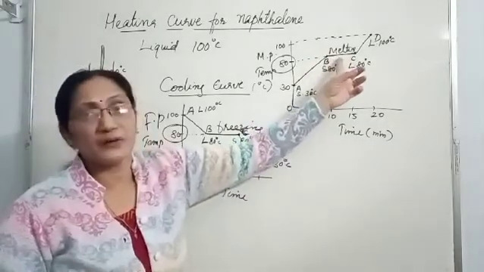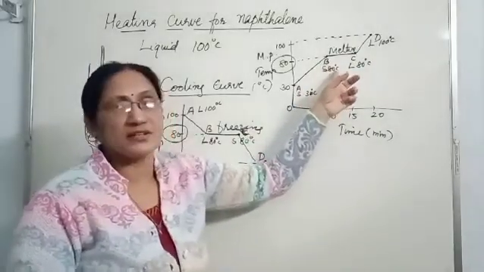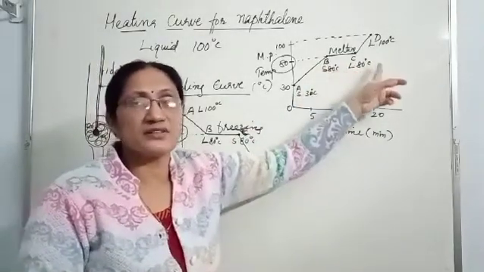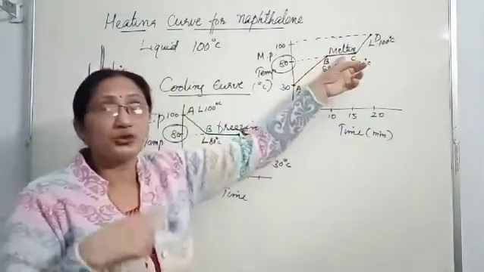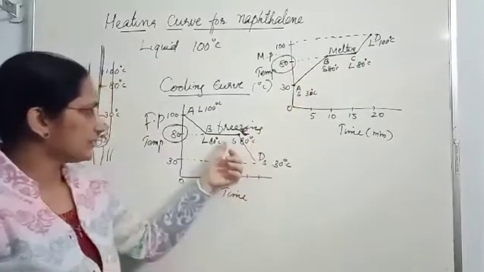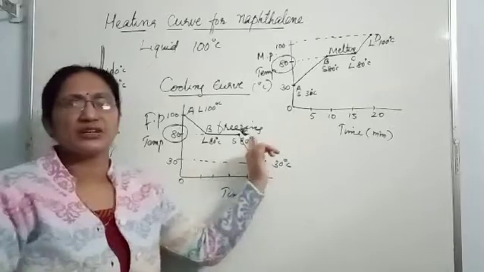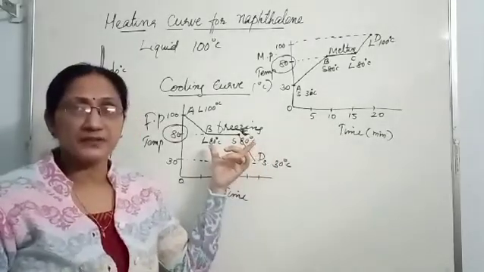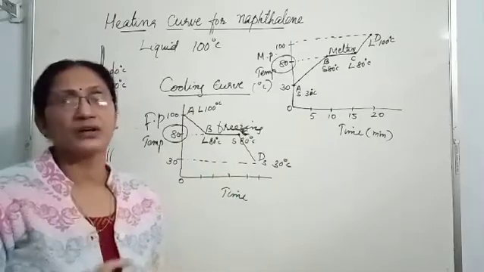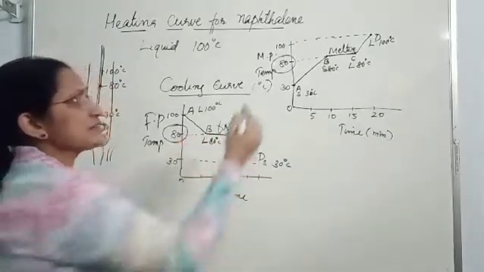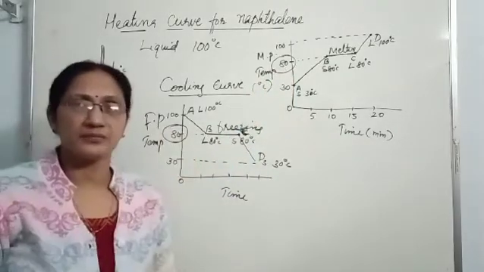But melting happens on absorption of heat: solid naphthalene at 80 degrees Celsius, on absorbing heat, changes to liquid naphthalene at 80 degrees Celsius. Freezing happens on liberation of heat, by giving out heat. So the conclusion is this: the numerical values of melting point and freezing point are the same.